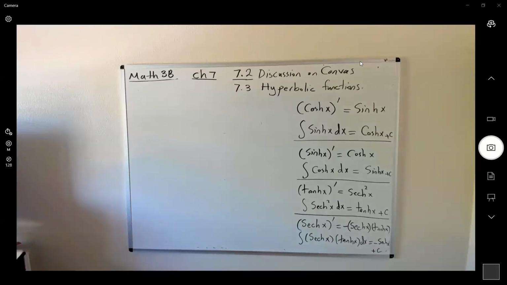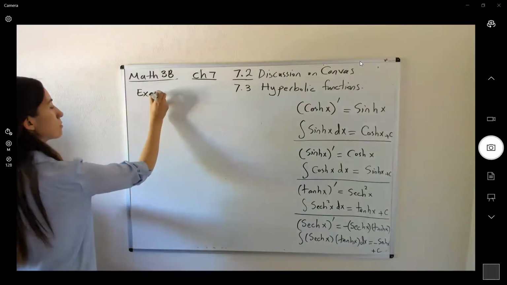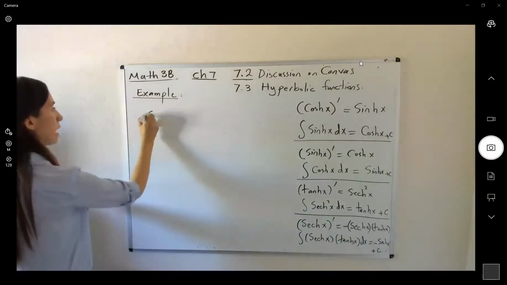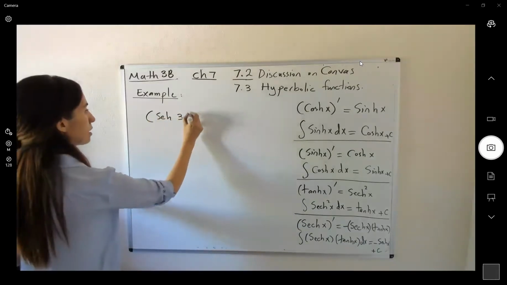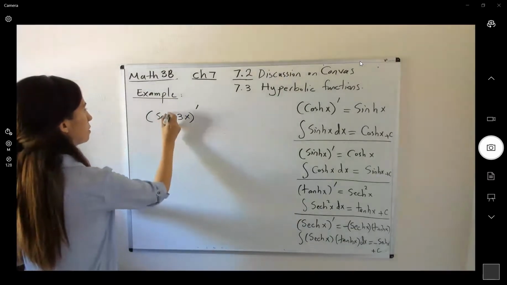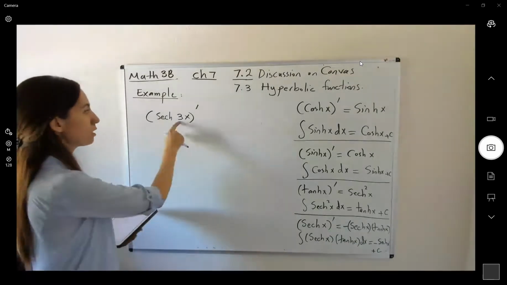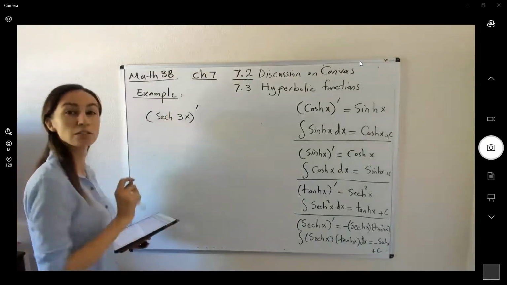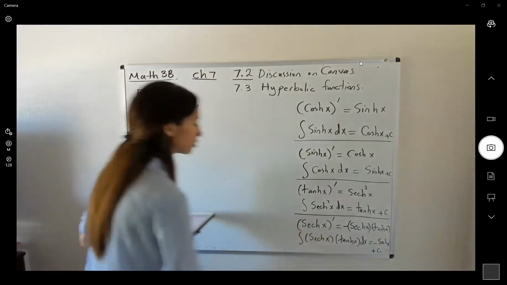Example. In this example, here we have hyperbolic secant 3x, and the question says, take the derivative with respect to variable x. Very well, we have to apply chain rule here because you have 3x, it's not just x. So take a look at your hyperbolic secant derivative.